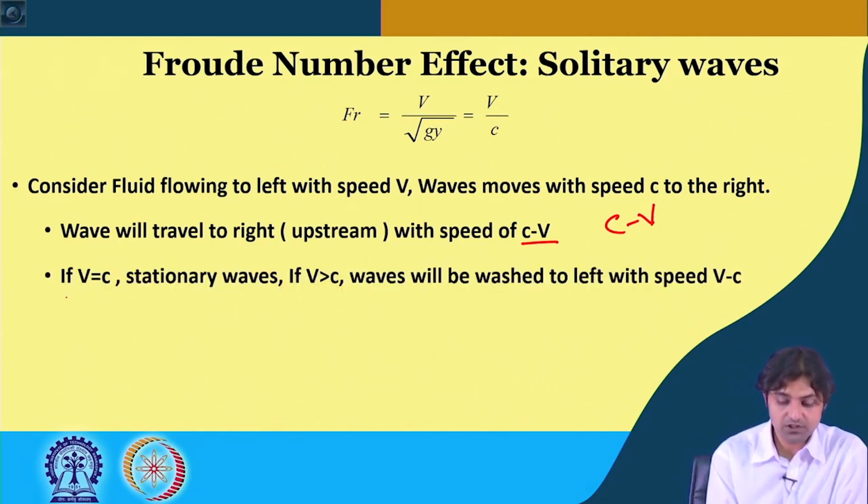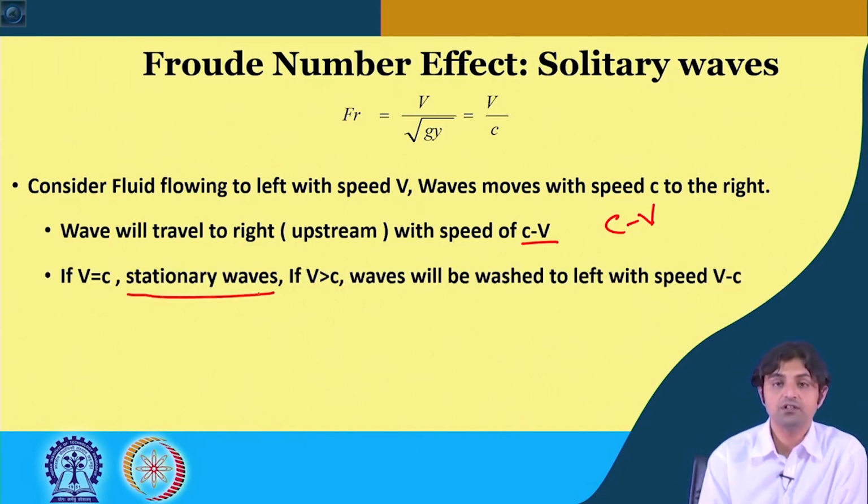If v is equal to c, then there will be formation of stationary waves. That means, waves will not move at all, because whatever the speed of the wave is to the right, it will be cancelled out by the speed of the water flowing below it.